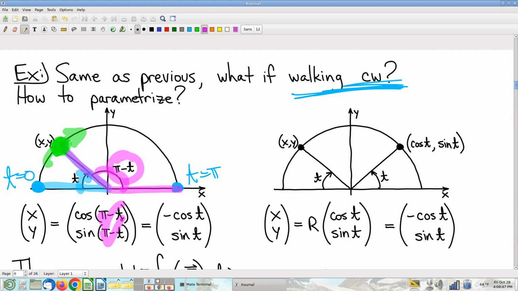That's a neat trick. So one angle here, T, relates to our application. Pi minus T happens to relate to our trigonometry experience. And so seeing the connection between the purple angle and the blue angle connects what I have with what I want. Okay.